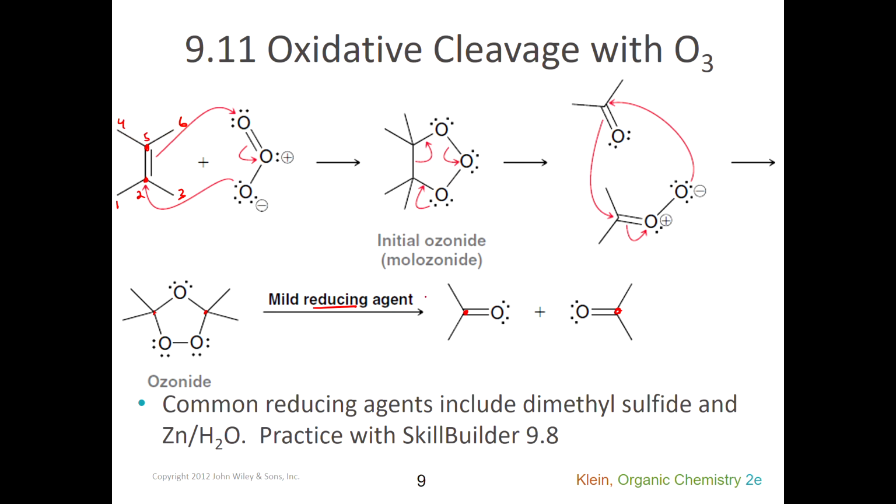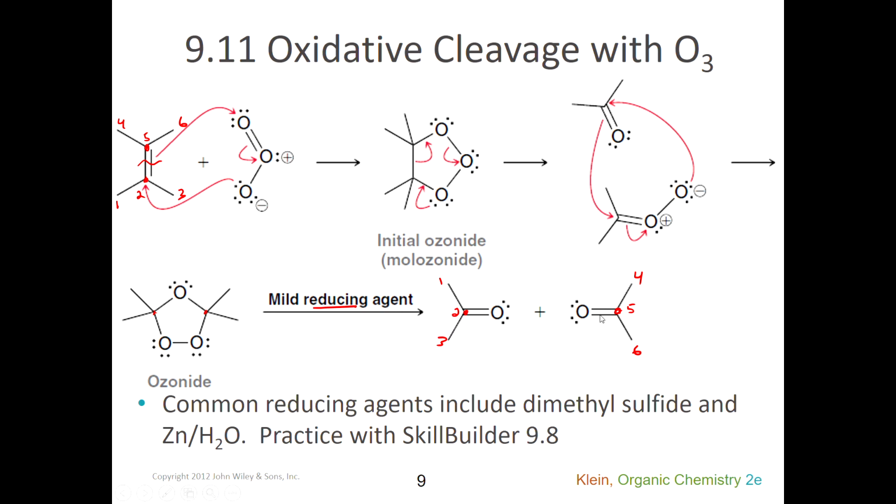Carbons 1, 2, and 3 might be here, and carbons 4, 5, and 6 could be here. So really, carbon 2 and 5 were the two that had the double bond. If I break that double bond and replace the carbon-carbon double bond that existed between 2 and 5 with two individual CO double bonds, that's what you end up getting in the end with ozonolysis.